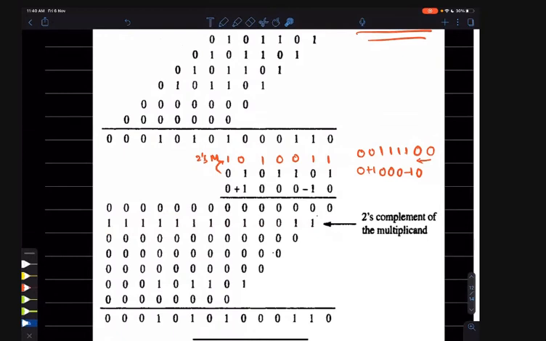Multiply with 0 is 0 0 0, then for plus 1, copy the whole thing: 1 0 1 1 0 1, and the rest is 0. So in this case, how many additions do you have to do? Only 2 adds.